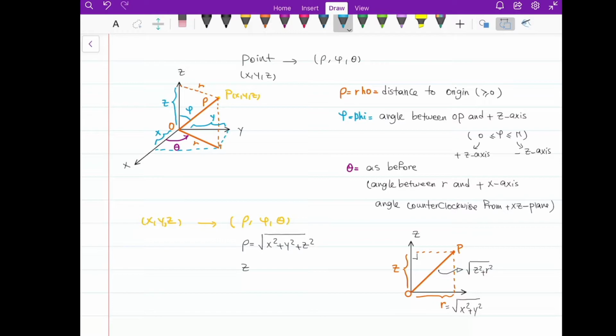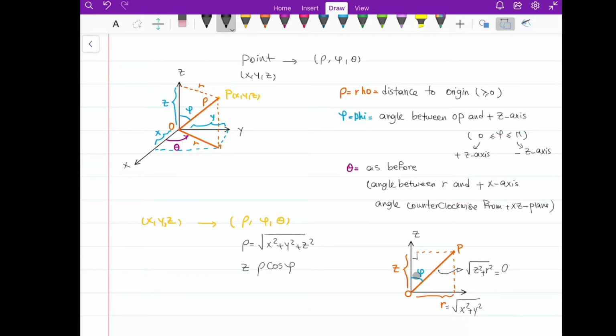And then this angle that I have in here is the angle phi. If I consider this right triangle in here, you see phi is basically this angle that I can get from rho, which is here. This is basically rho, and it would be rho cosine phi.